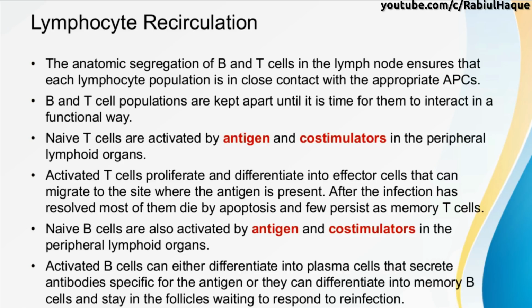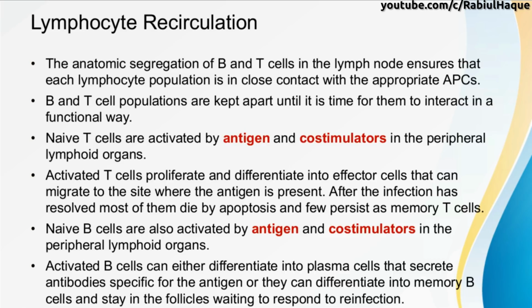Now, this anatomic segregation of B and T cells in the lymph node will ensure that each lymphocyte population is in close contact with the appropriate antigen presenting cells. B and T cell populations are kept apart until it is time for them to interact in a functional way.